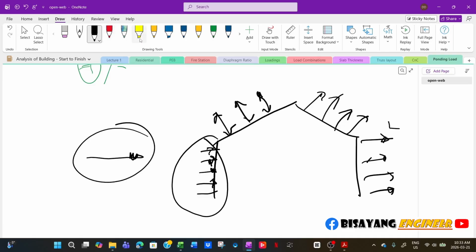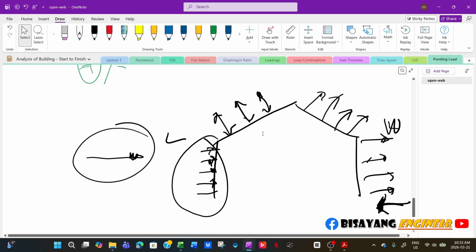Now, if the wind is coming from this direction, this now becomes the windward, and this now becomes the leeward side. So you cannot just apply the load as windward only, and then leeward only, and then your load case three is leeward and windward. That's not the way you apply the load.